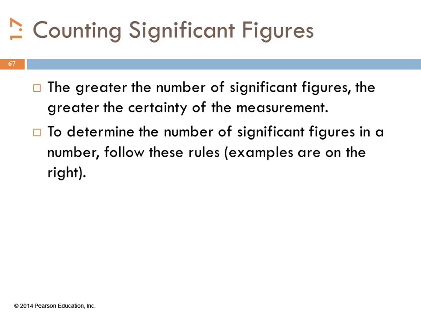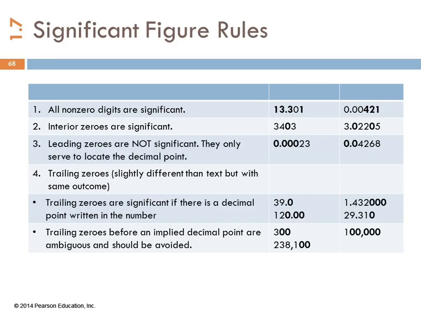And so to figure out how many significant figures are in a number, there's some rules, and we have some examples. It's really just the zeros that give us trouble. All non-zero digits are significant. These are examples. In bold are the non-zero digits, just in case you weren't sure what wasn't a zero.